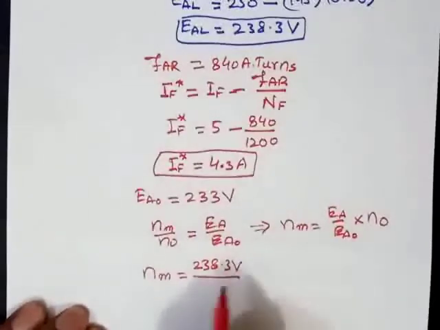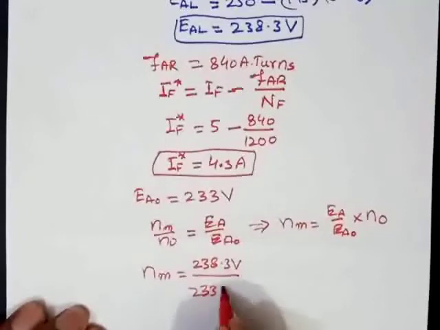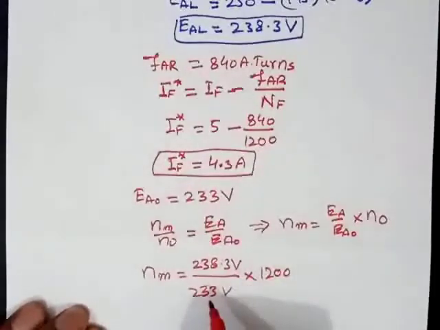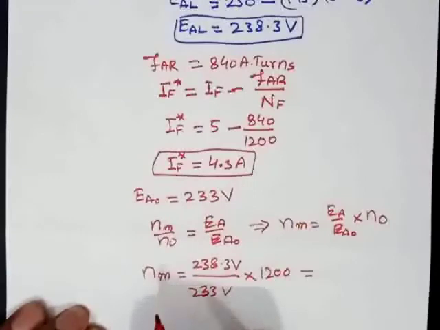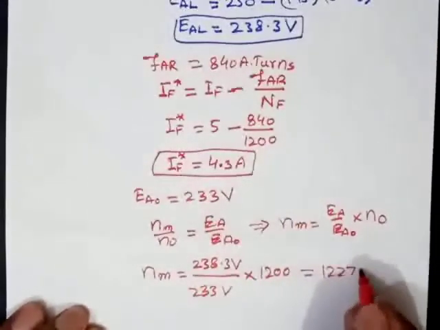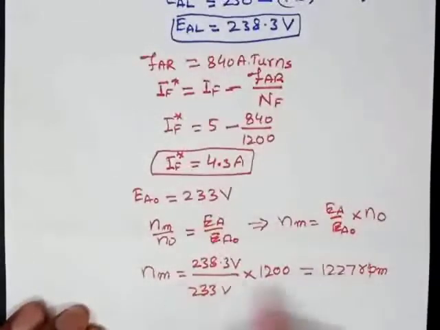The value of EA naught is 233 volt, and the no load speed is 1200 revolution per minute. By solving this equation, we get the actual speed of the DC shunt motor is equal to 1227 revolution per minute.